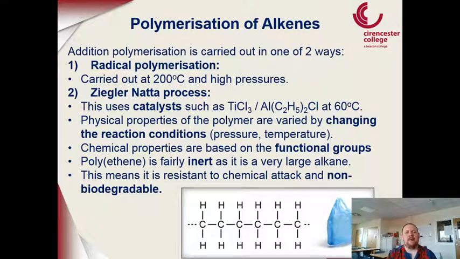When I say chemically inert, this means that they're not attacked readily by chemicals. This is a really good thing when we're making sure that when you put your water in a bottle made of a polymer, it doesn't just dissolve and fall apart. But when we're talking about its environmental impact, this is a problem because these things will not degrade in the environment.